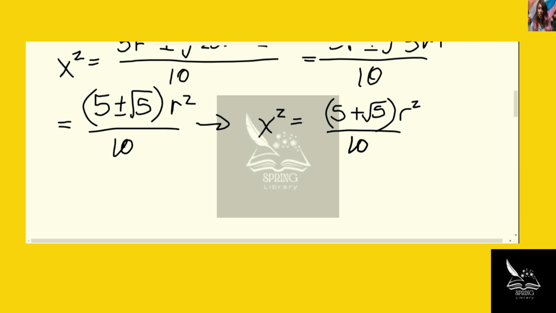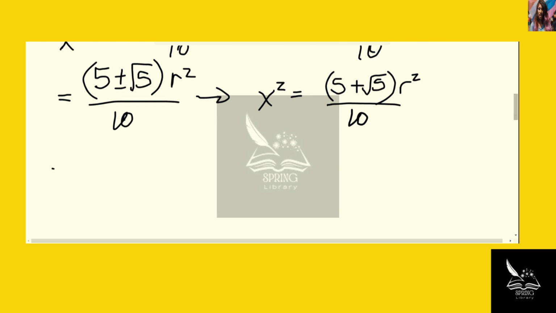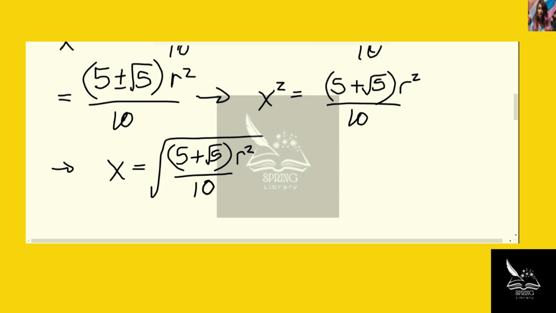Therefore, because x is a positive length, x is the positive square root of 5 plus root 5 r squared over 10, which is equal to r times the square root of 5 plus root 5 over 10.